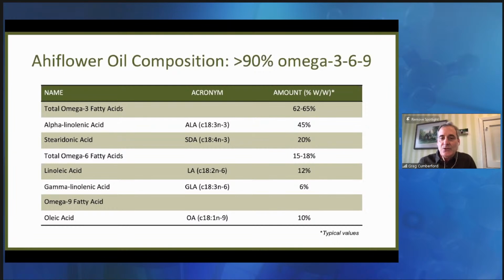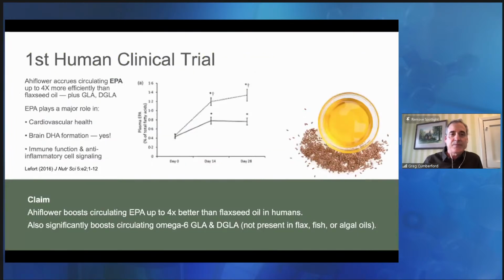And it is a good source of gamma-linolenic acid, as well as 10% oleic acid, like we might see in oleic acid containing oils like olive oil. So overall, it's the richest omega-3-6-9 dietary source available from a plant at over 90%. So that's just from a triglyceride compositional standpoint.